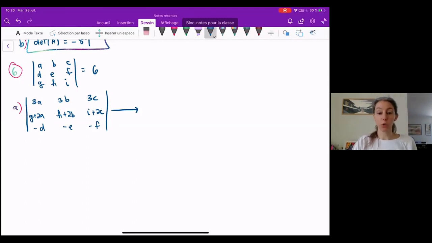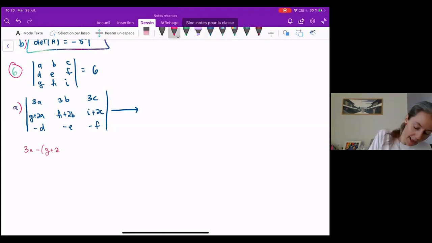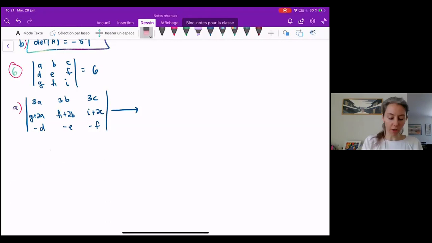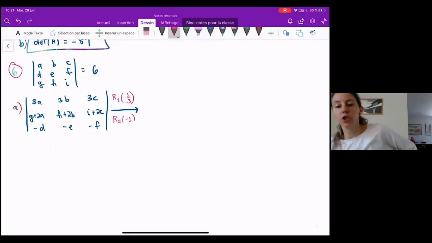Doing row 1 minus row 2 is actually a bad plan because row 1 minus row 2 would be like 3A minus G plus 2A, and then suddenly my row 1 would be A minus G. And that really didn't get me anywhere. It actually made things more complicated. So getting rid of the 3 and the negative 1 on the bottom is a great place to start. I'll do row 1 times a third and row 2 times negative 1. Does that change the determinant?